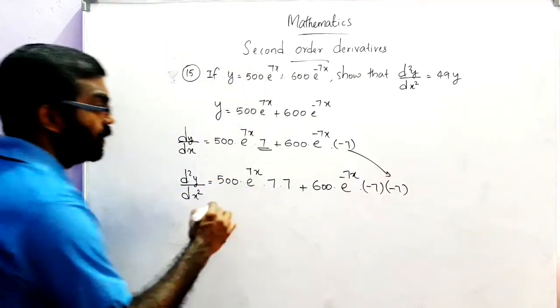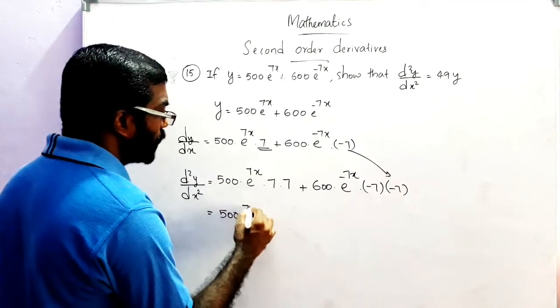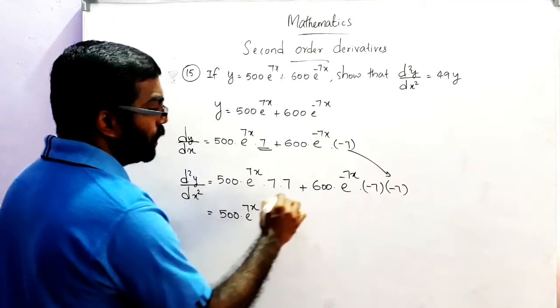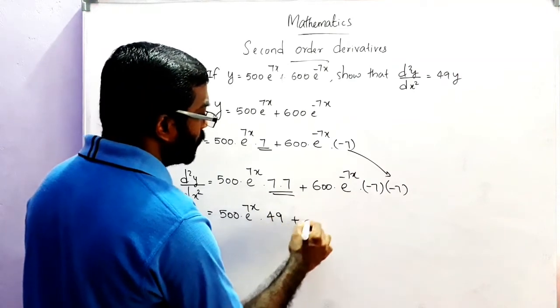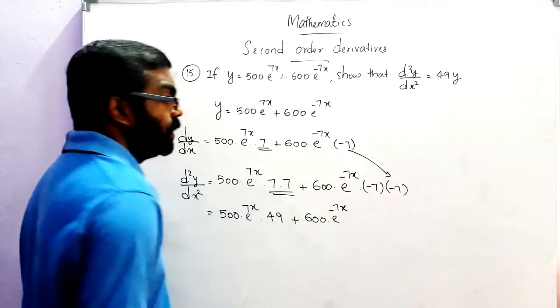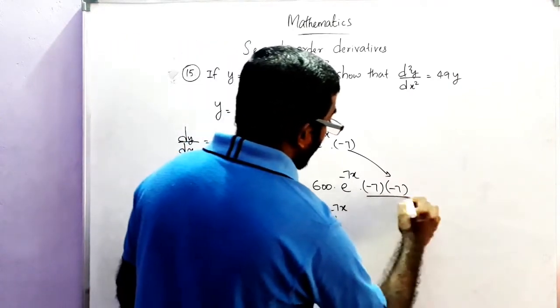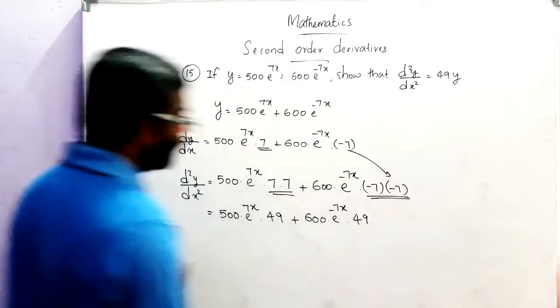Understood? Which is equal to 500 e^(7x) into 7 into 7, 49, then plus 600 e^(-7x), here also minus into minus plus, 7 into 7 is 49.